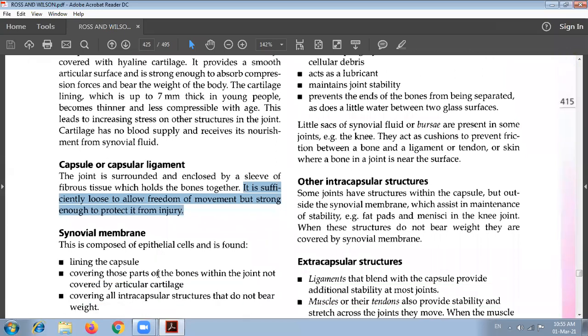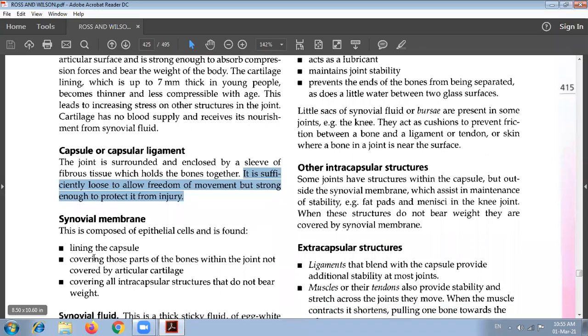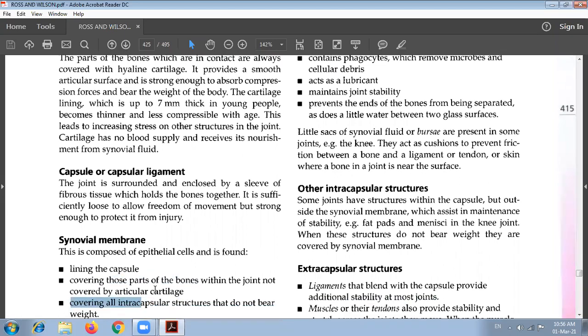The synovial membrane is the next characteristic of the synovial joint. The synovial membrane is composed of epithelial cells and is found in the lining of the capsule, covering those parts of the bones within the joint that are not covered by the articular cartilage, and covering all the intracapsular structures that do not bear weight.